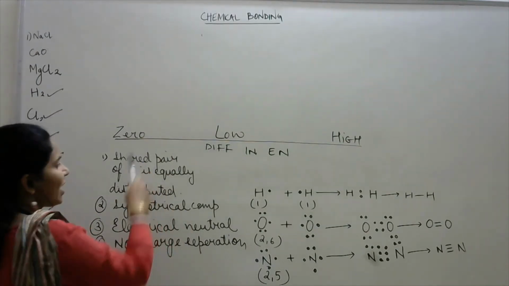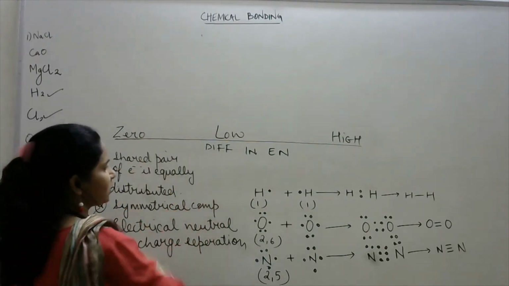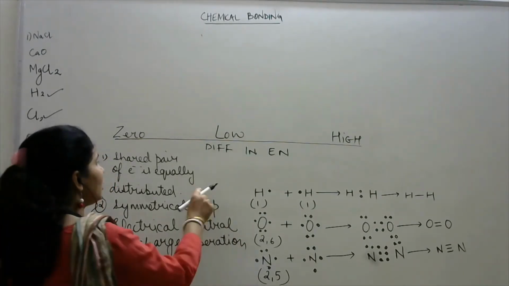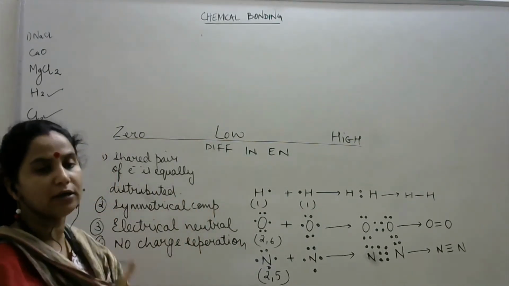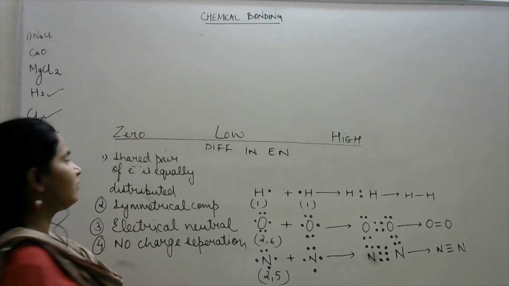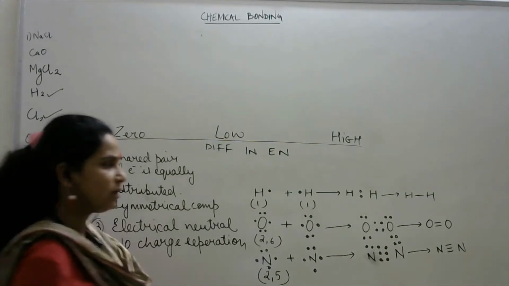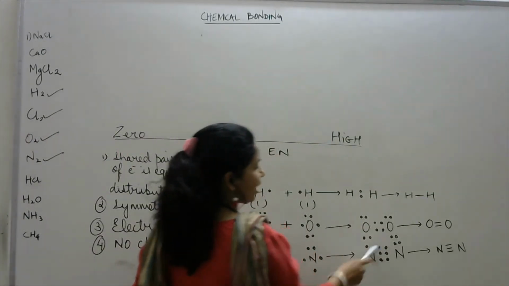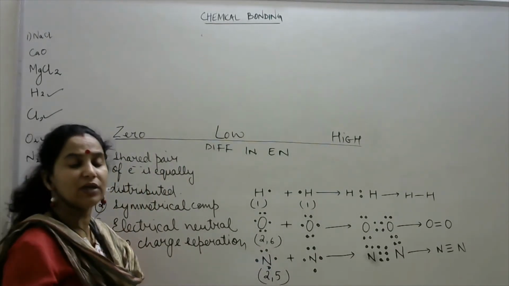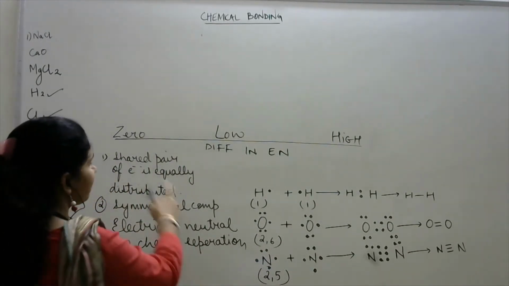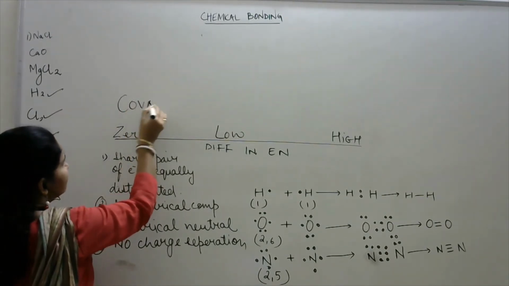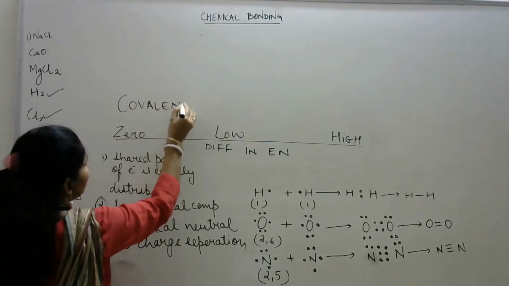So this was the covalent bond. This was formed by sharing. It was formed only when the difference in the electronegativities of the atoms was 0. In that case, the shared pair was lying exactly in the middle and they had no separation of charges. They were electrically neutral. This type of bond is called a covalent bond formed by sharing.